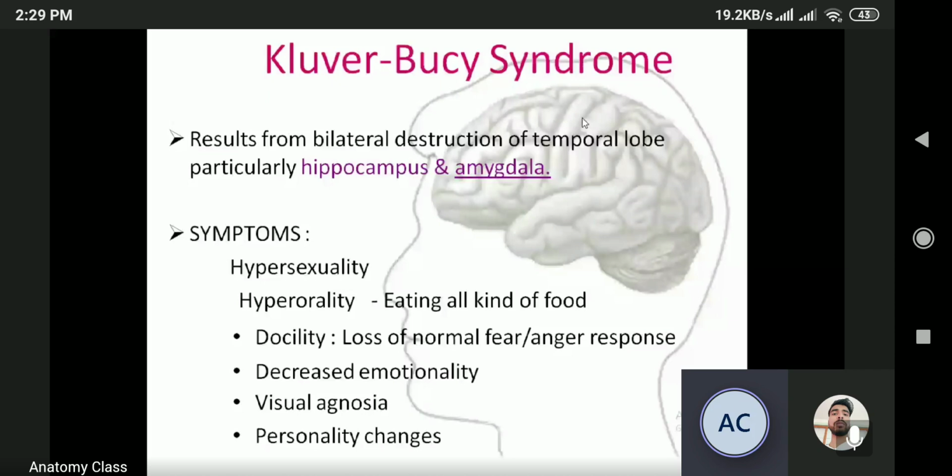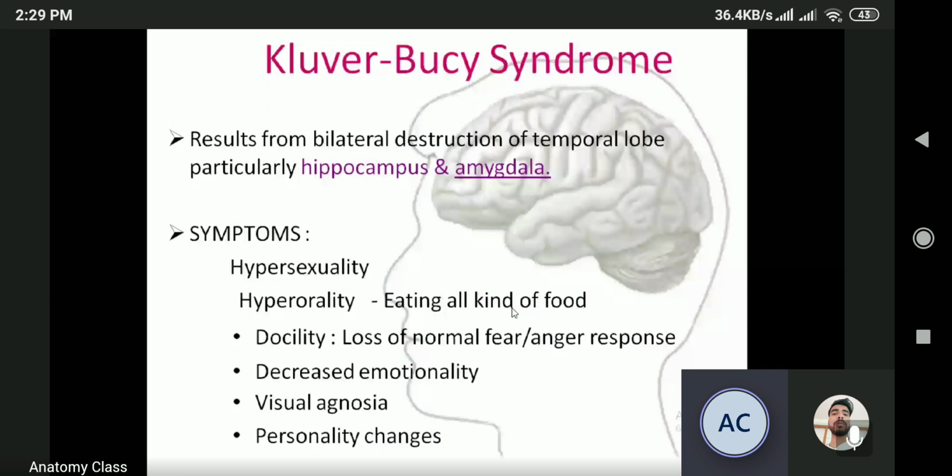The signs and symptoms include, in some individuals, hypersexuality, where their sexual drive increases to such an extent that they don't even differentiate between species.